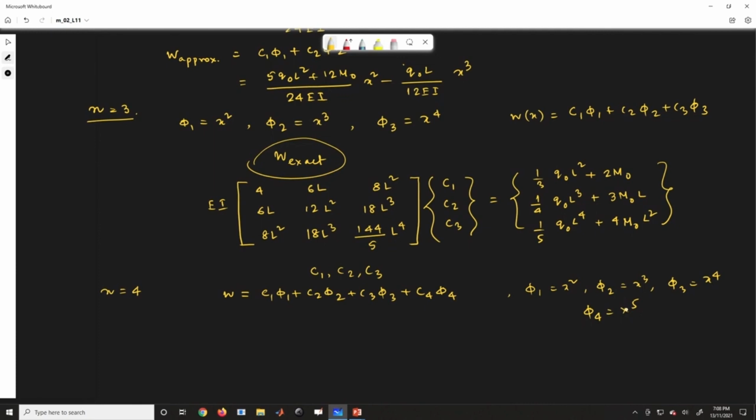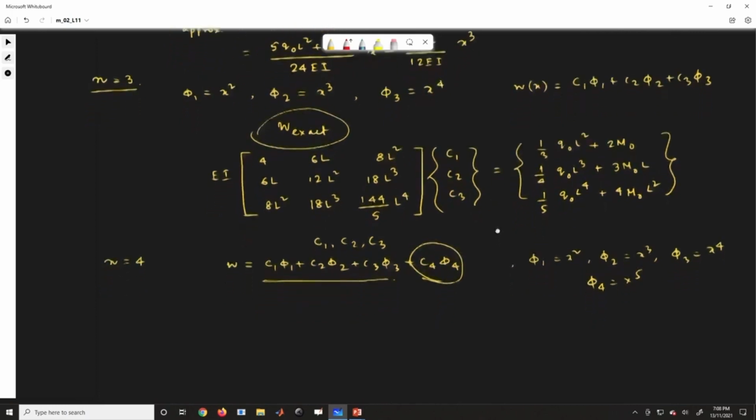Rather this term will come to 0 essentially, because we have already reached the exact solution with n equals 3. So n greater than 3 will not improve my solution. This is one aspect you can verify by doing this integration procedure and solving it.